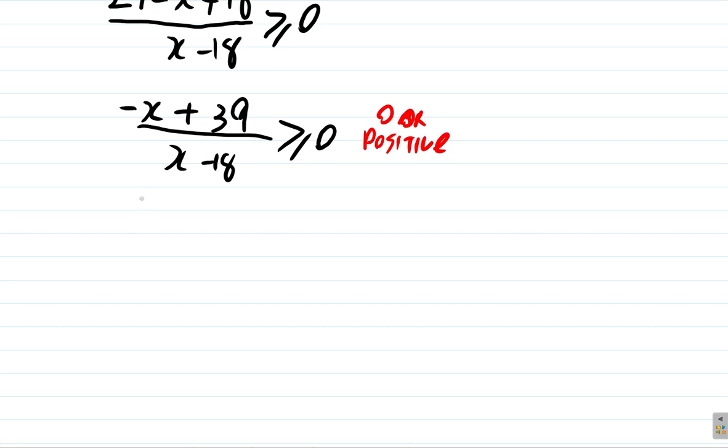You're going to say that negative x plus 39 is positive, that means greater than or equal to 0. No, not either, it is both. Both are greater than 0, right? So is this, and x minus 18 is greater than 0, right?